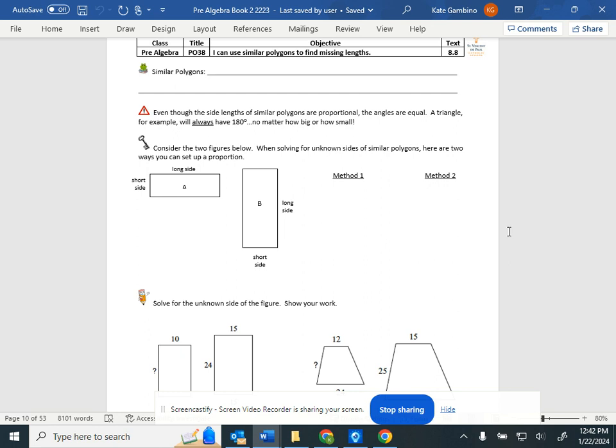So a similar polygon means that polygons with corresponding sides.